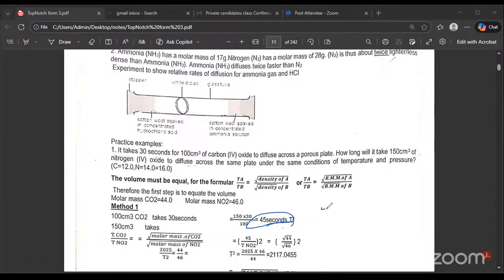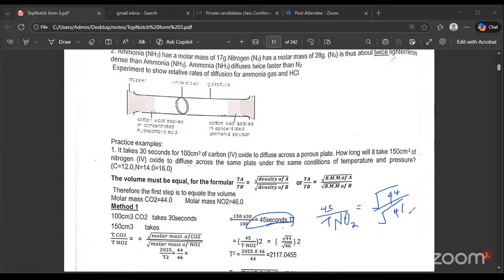So it is 45 over the time for nitrogen peroxide, which is equal to the square root of the mass of the one that has 45, which is CO2, so it is 44, over the square root of 46.